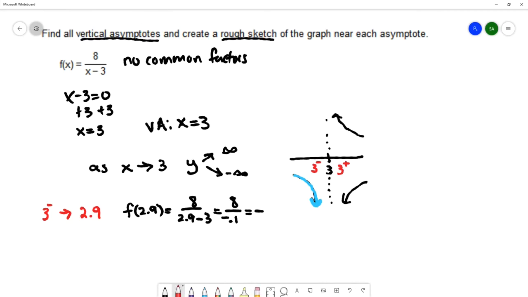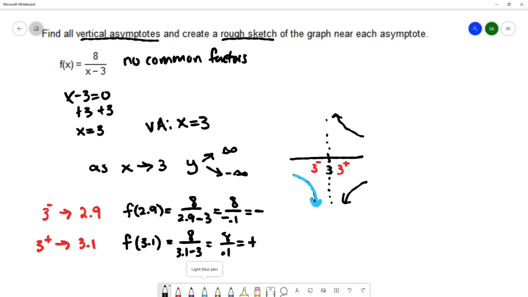For 3 plus, I'm going to choose the value just slightly larger than 3, 3.1. That's f of 3.1, 8 over 3.1 minus 3, 8 over 0.1. This is a positive divided by a positive, which is a positive.